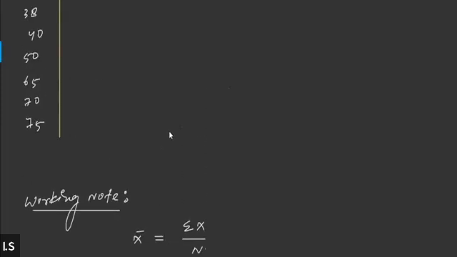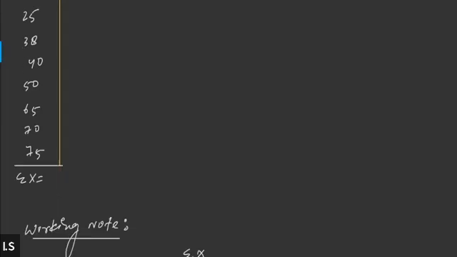So in this case, sigma x will be the sum total of all the items. So if you total all the items, you will find that 20 plus 22 plus 25 plus 38 plus 40 plus 50 plus 65 plus 70 plus 75.